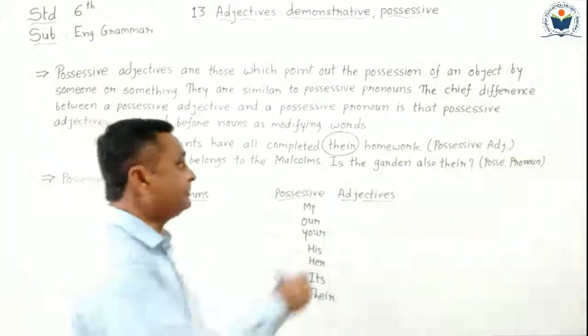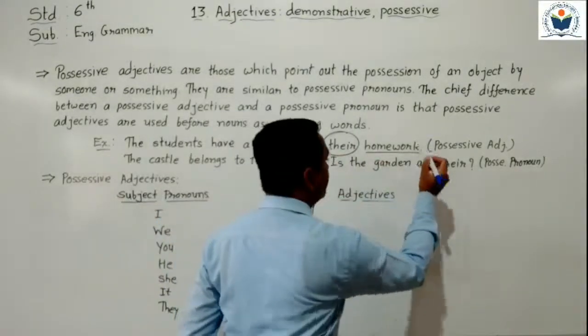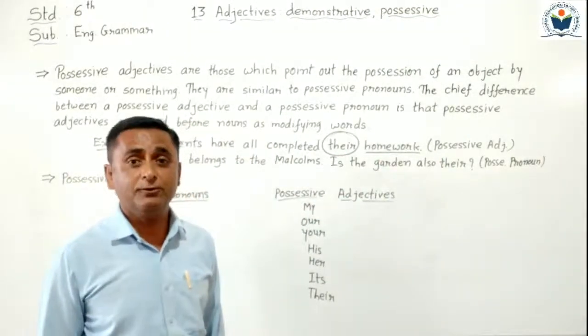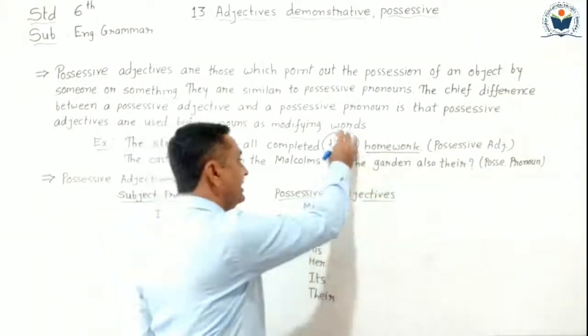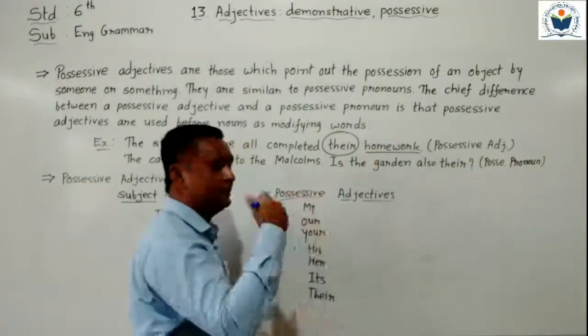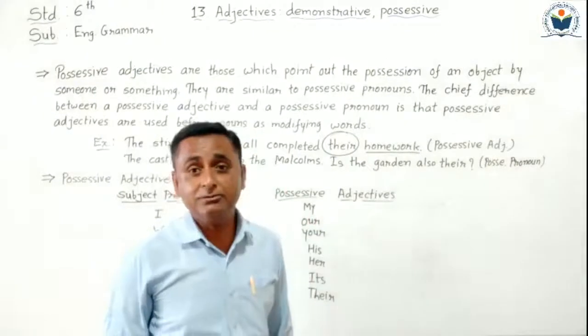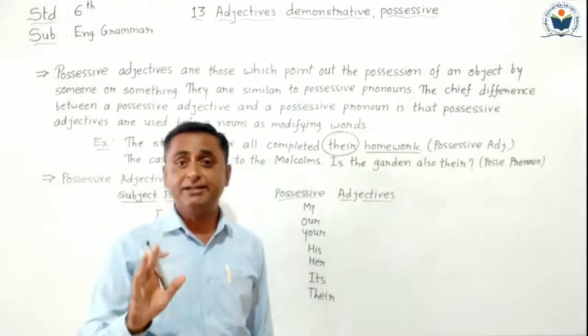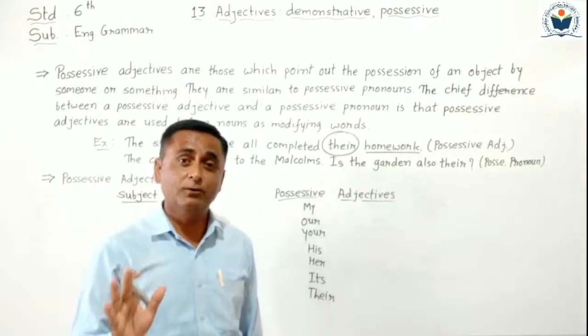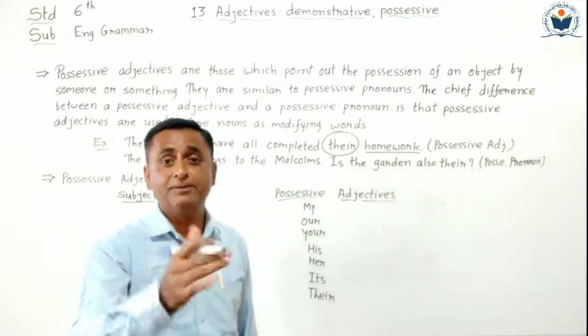Because after their, the noun homework is followed. So we can say that their is used as a possessive adjective here, because after that it is followed by a noun.